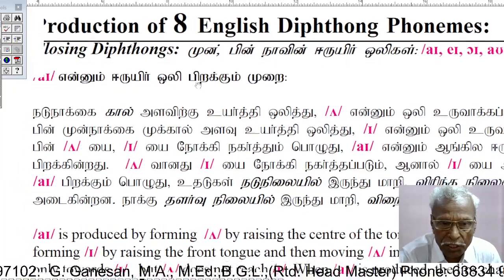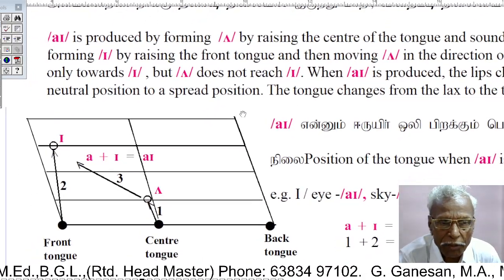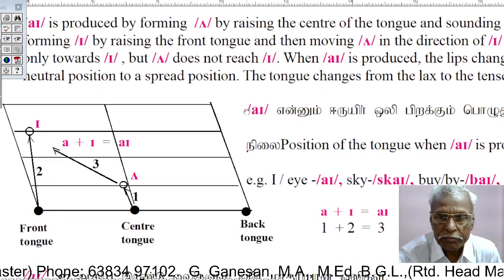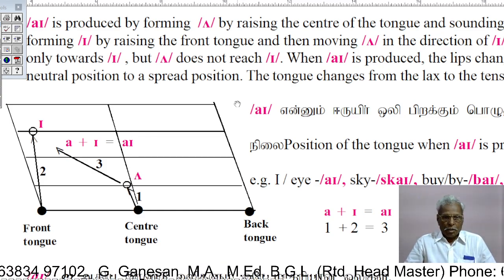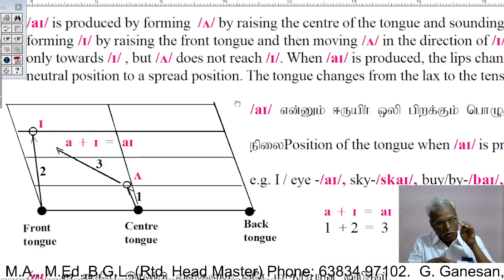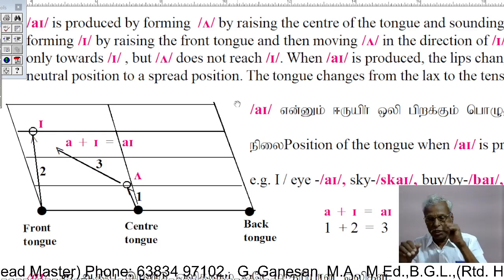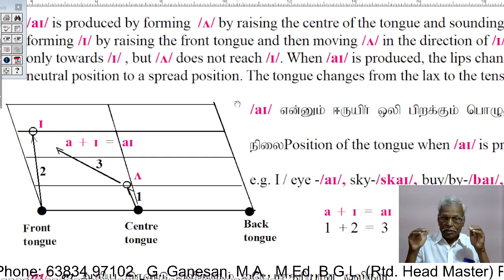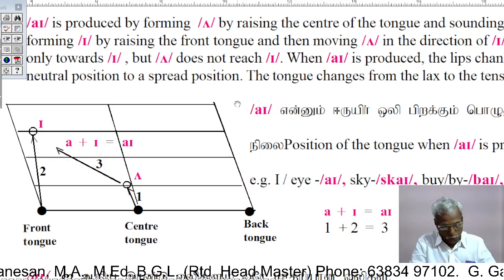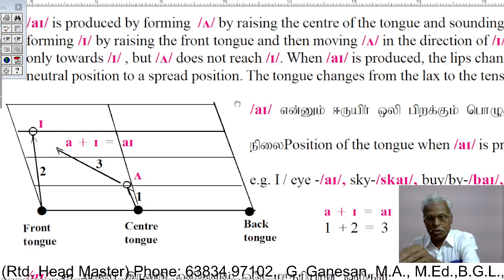Okay, first let us see how the diphthong /aɪ/ is produced. /aɪ/ is produced by forming /a/ by raising the center of the tongue and sounding, and forming /ɪ/ by raising the front tongue, and then moving /a/ in the direction of /ɪ/.